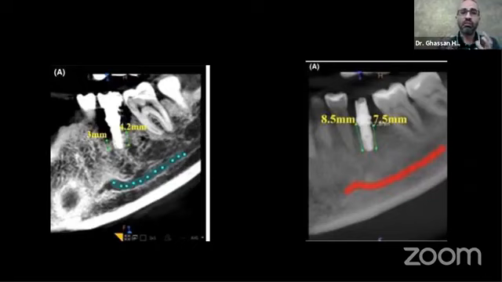So usually horizontal defects are hopeless to regenerate, but in this case we've noticed that we regenerated this bone around the implant. On the distal side, we have 4.2 millimeters before, and now we have 7.5 millimeters. That means that we have 3.3 millimeters gain of bone regeneration around this implant.